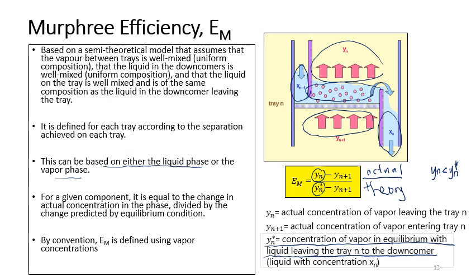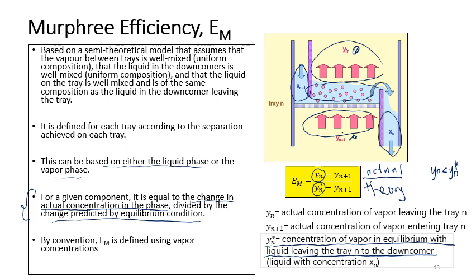That's what it means for this point here. The change in the actual concentration in the phase divided by the change predicted by the equilibrium condition. So this is the difference in the concentration divided by the theoretical difference of the concentration between these two points.